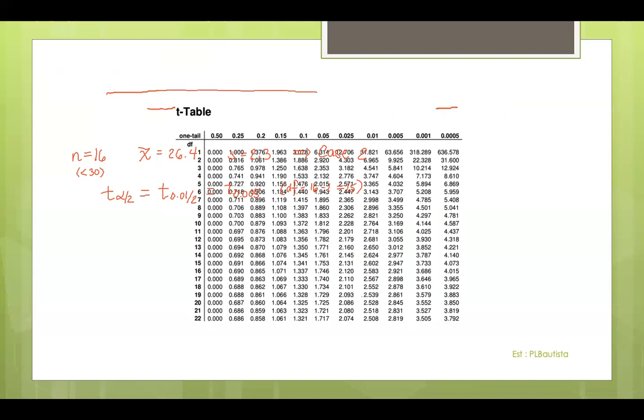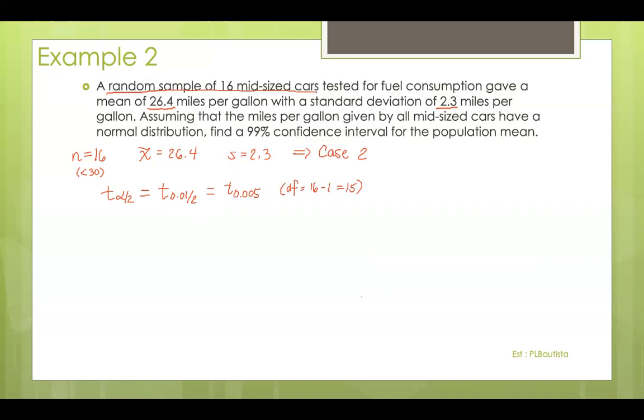So again, you can verify using your T tables. Look for 0.005 in the columns and 15 on the rows. And you should get a value of 2.947. So this is now all the required values. So we just need to plug into our formula.